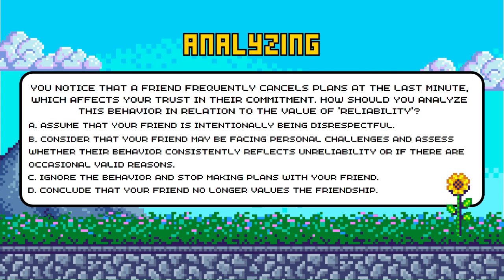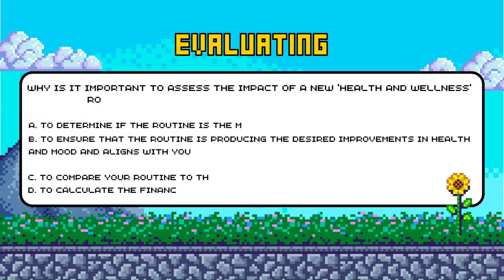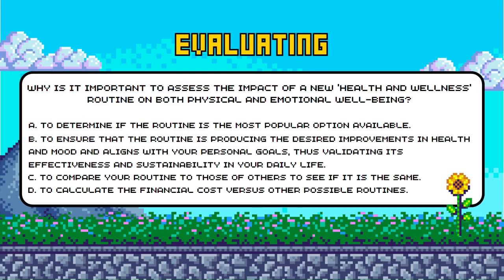So next we have evaluating. Evaluating involves making judgments based on criteria and standards. At this level, students are asked to justify decisions or opinions by assessing the validity of something. In this question, why is it important to assess the impact of a new health and wellness routine on both physical and emotional well-being?